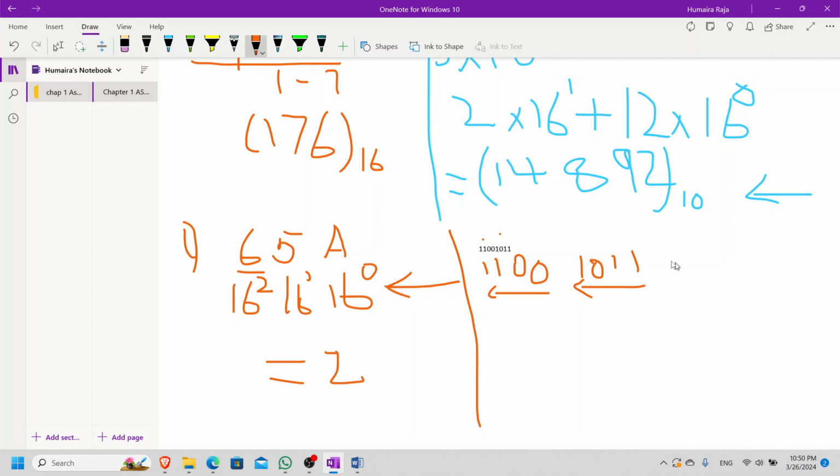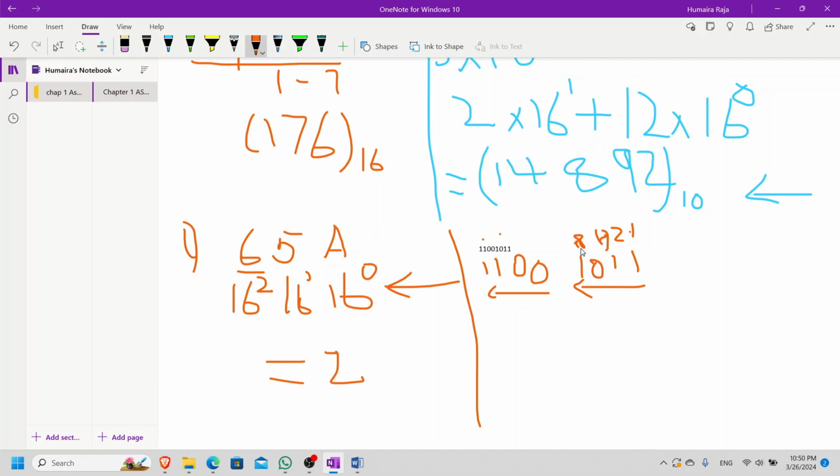After making the groups, you have to assign them the power of 2. What is the power of 2 here? It is always 2 raised to power 0, which is 1. So I will give the equivalent values over here. 2 raised to power 0 is 1, 2 raised to power 1 is 2, 2 raised to power 2 is 4, and 2 raised to power 3 is 8.